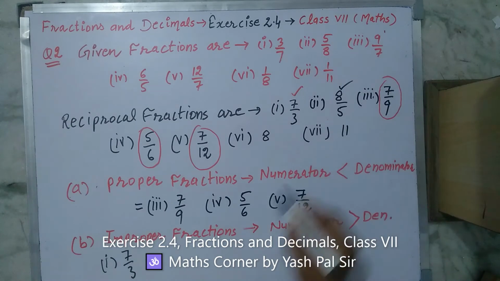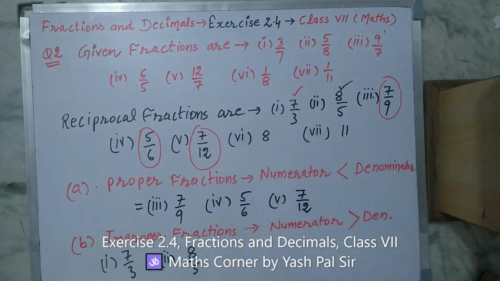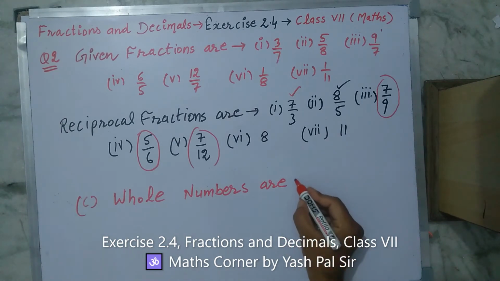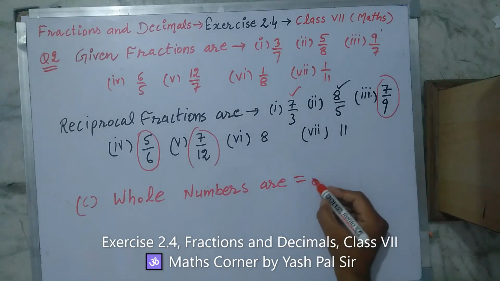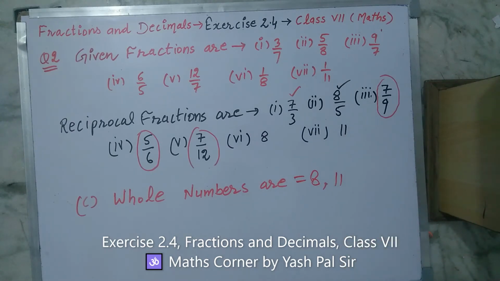The second part is 8 upon 5. Any other number? No, there is no other number. So what is the last now? Whole number. What is the meaning of whole number? In this part, the whole numbers are: this 8 is a whole number, this 11 is also a whole number.